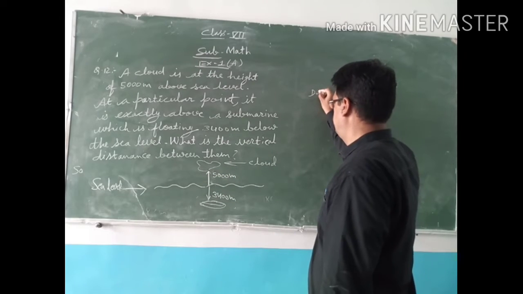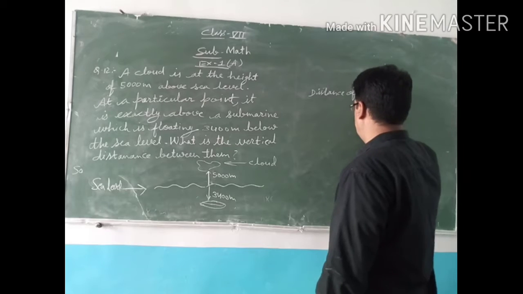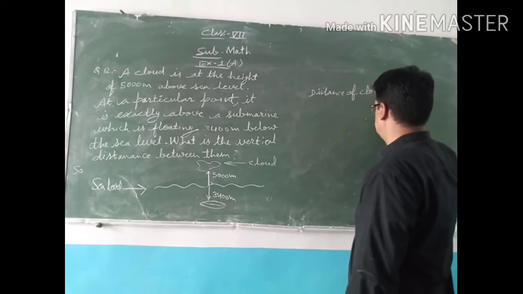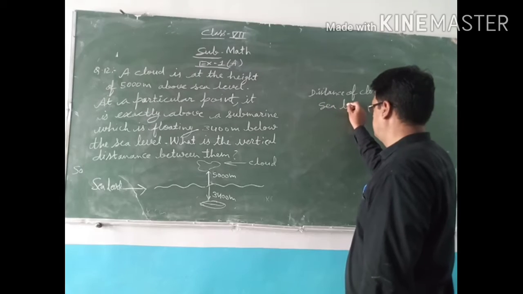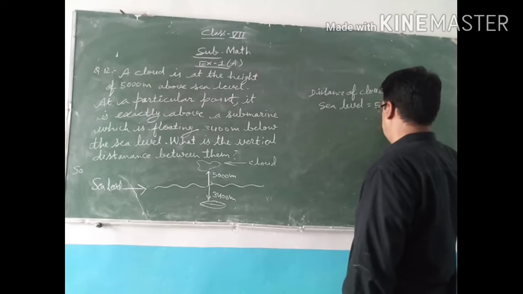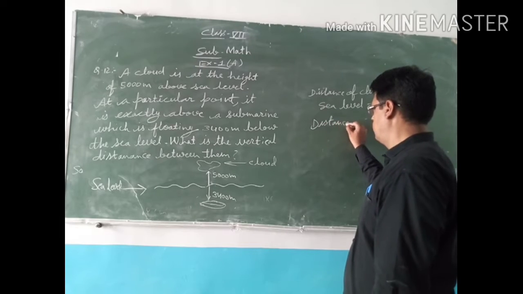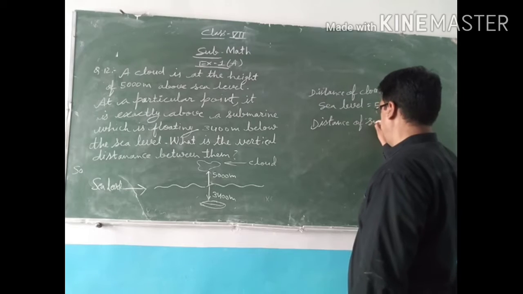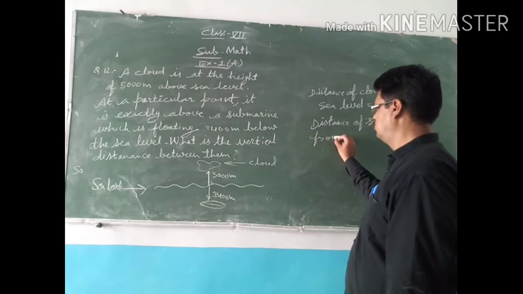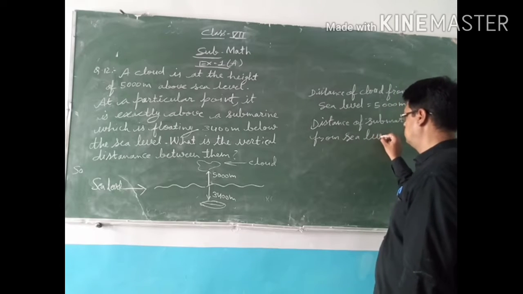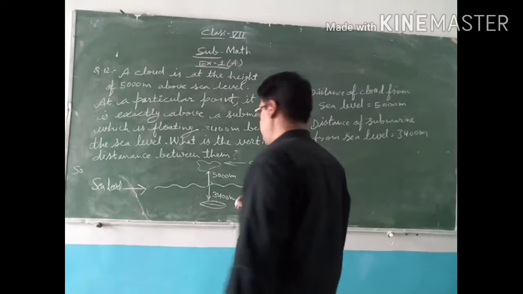So, distance of cloud from sea level, that is 5000 meters, and distance of submarine from sea level, that is 3400 meters. So the total distance we have to find.